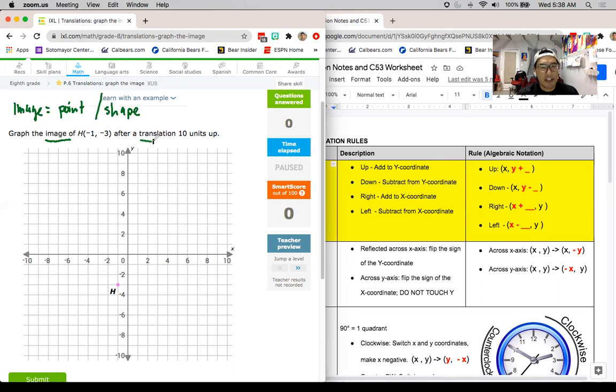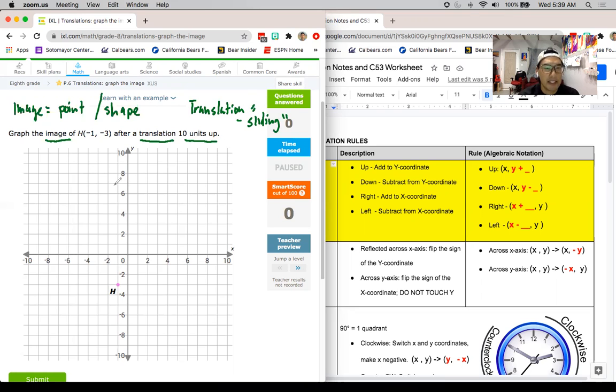After a translation, 10 units up. Okay, these are the key pieces of math vocabulary that are giving me hints about what to do. And we know a translation means you are sliding a figure up or down, left or right. Sliding.